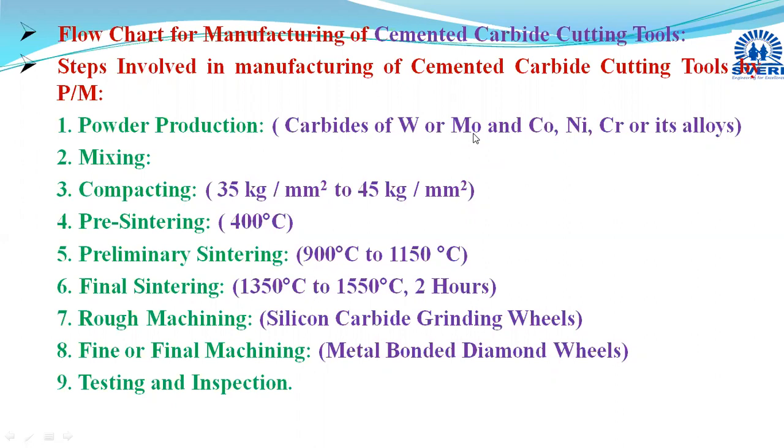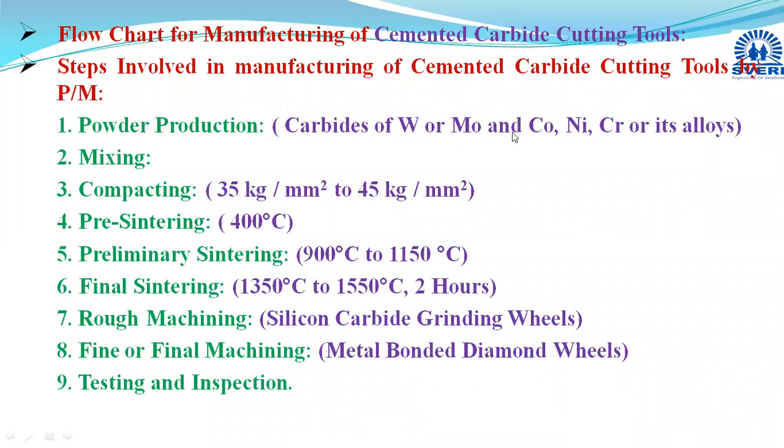In this way, by using suitable chemical processes, these powder particles are manufactured, and that is the first stage of manufacturing the cemented carbide cutting tool.